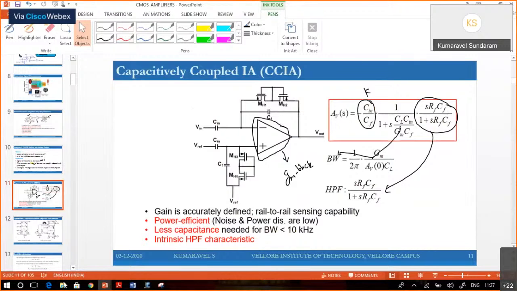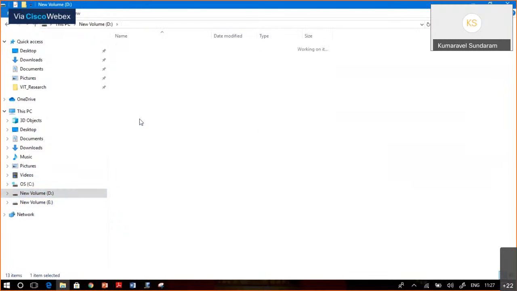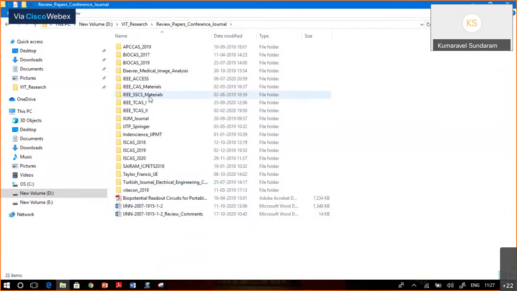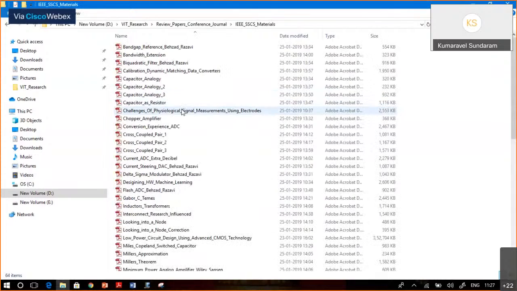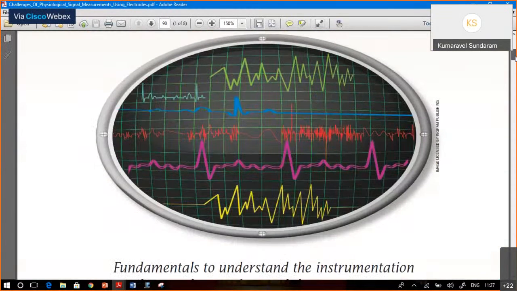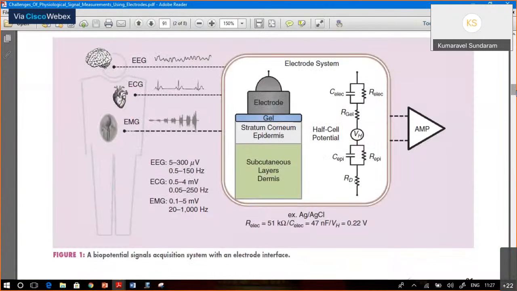And one more thing I would like to share my screen. There are challenges of physiological signal measurements using electrodes. This shows how the electrode tissue interface is modeled as a circuit model.